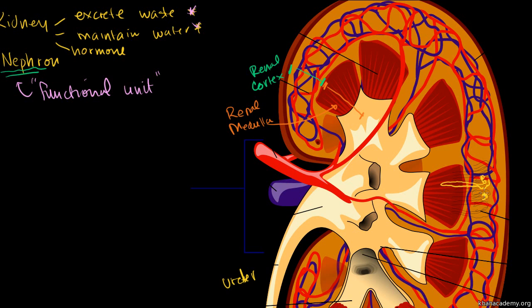It goes, this is where it starts, and then it dips down again. So multiple nephrons are going to keep doing that, but they're super thin. These tubes, or these tubules, maybe I should say, are super thin. And an actual kidney, your average kidney, will contain on the order of 1 million nephrons.